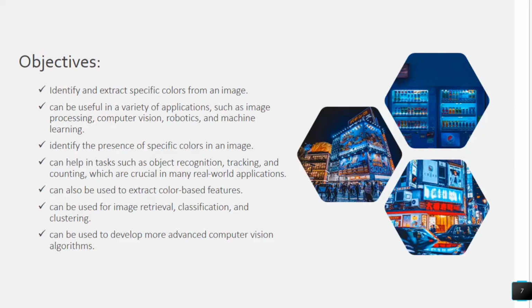Identifying the presence of specific colors in an image can help in tasks such as object recognition, tracking, and counting, which are crucial in many real-world applications. It can also be used to extract color-based features, for image retrieval, classification, and clustering, and to develop more advanced computer vision algorithms.